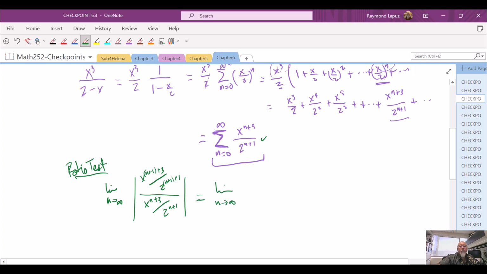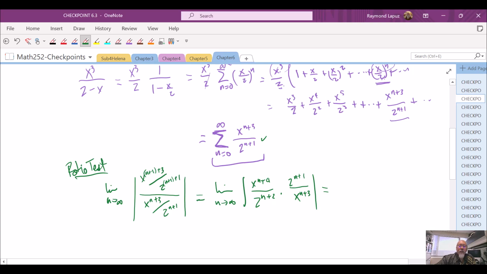So let's take the limit as n goes off to infinity, and here I will have x to the n plus 1 plus 3, that's x to the n plus 4, divided by 2 to the n plus 1 plus 1, so that's n plus 2, times the reciprocal, this is 2 to the n plus 1 divided by x to the n plus 3. All right?